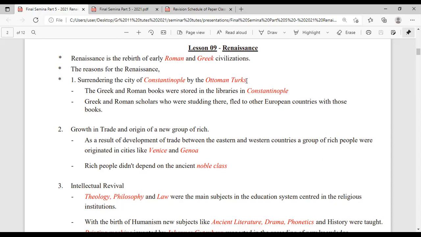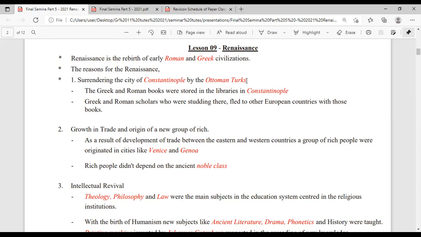So we can call the Ottoman Turks a newly Islam-embraced nation. Why did they embrace Islam? After the Crusades, as Muslims had won 5 wars out of 6, they had an influence on embracing Islam. After embracing Islam, they became Muslims and they captured Constantinople in 1453.